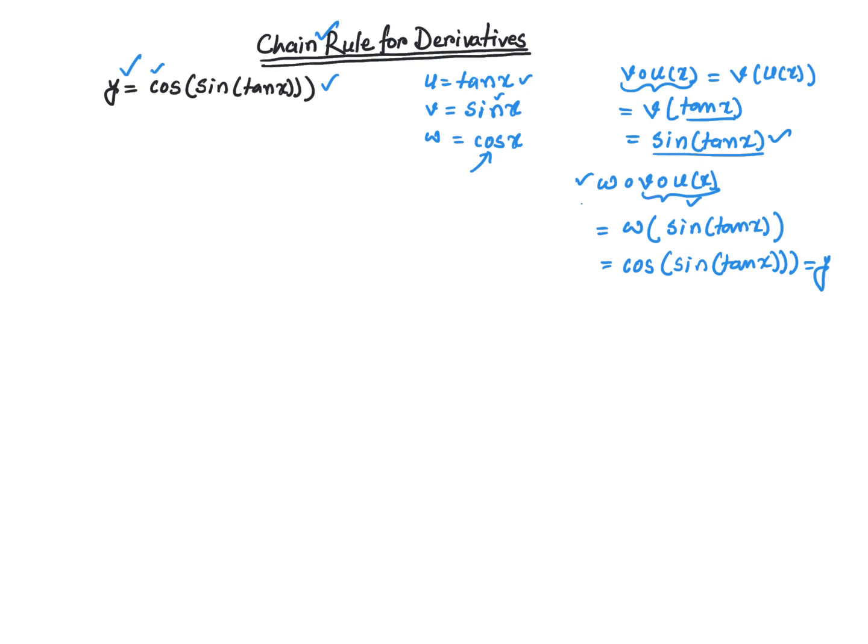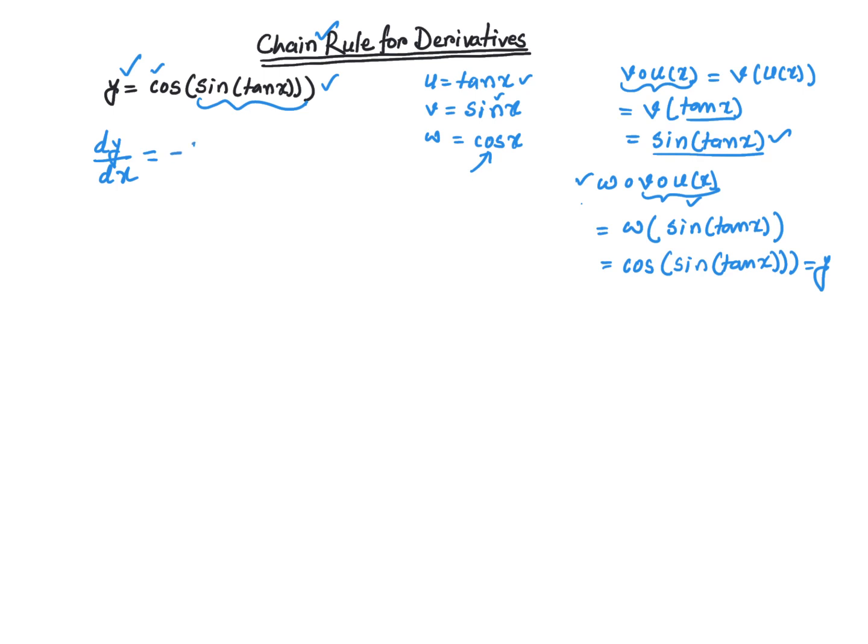Now, taking the derivative of it with respect to x is pretty straightforward and easy. So dy over dx. I'm just going to think of it as cosine of something. So the derivative of cosine of something is negative sine of something, right?